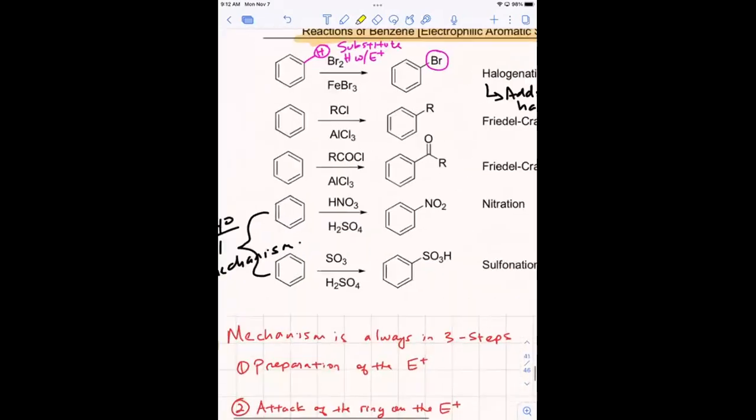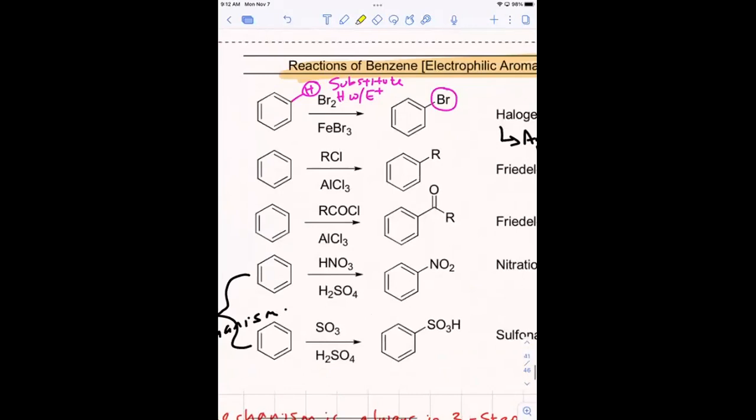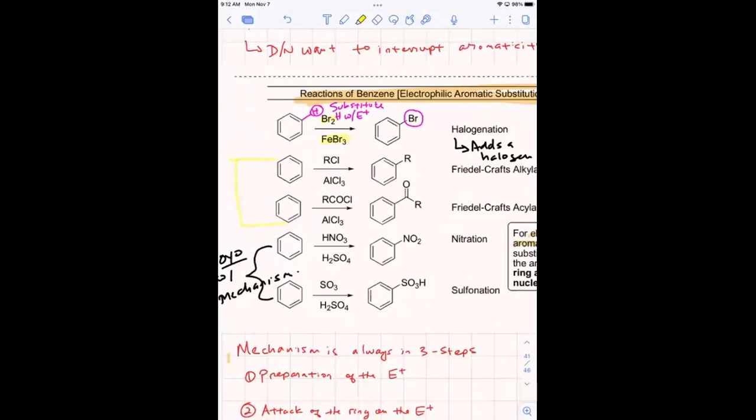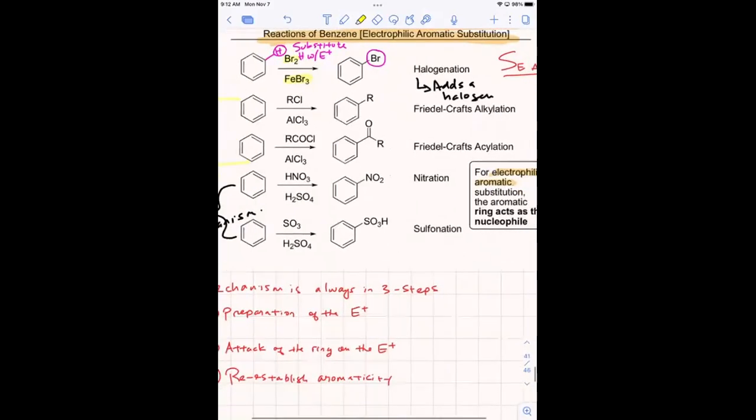That's a specific set of reactants that accomplish a specific outcome. So anytime you add a halogen, this is not Friedel-Crafts. Friedel-Crafts would be these reactions right here. This is a halogenation. So I want to add a halogen to the ring.